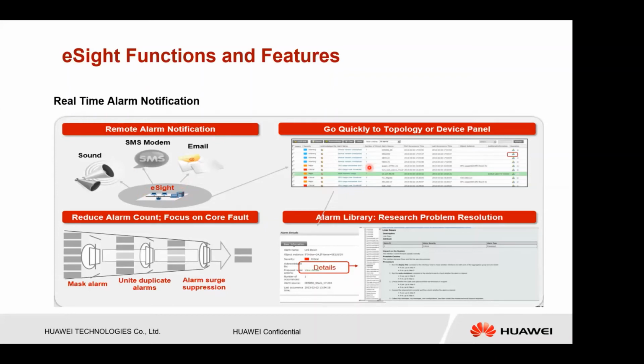So once the alarm is generated, you can go quickly to the topology or the device panel by clicking one of the icons here. And after that, you can also see the procedure or the troubleshooting steps that you can do to clear or maybe to acknowledge this alarm.